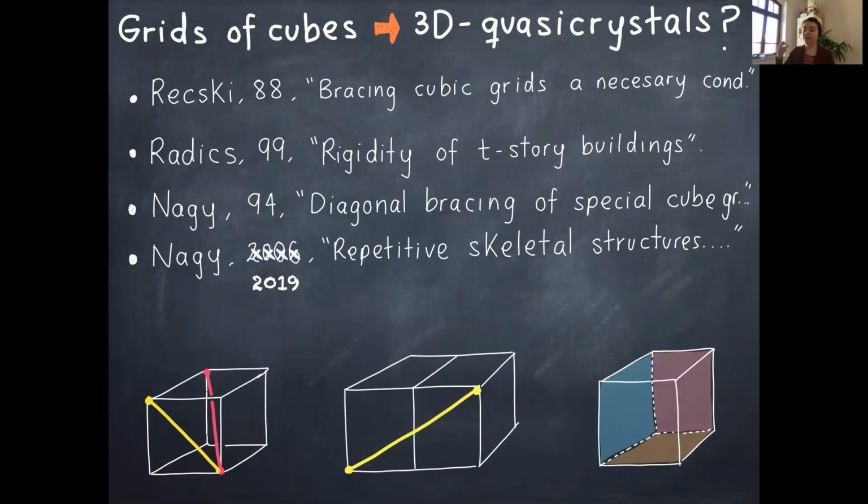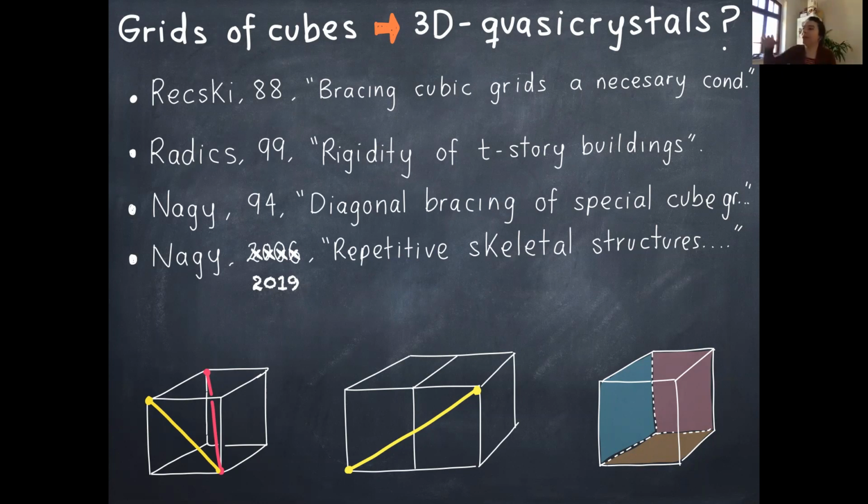In many of these papers, the results are concerned with how you brace a grid-like framework with diagonals, like the one you see on the left. So you take a face of the grid and you put a diagonal on that. Or you take two opposite vertices of the cube and you put a diagonal on that. Or some of these papers consider putting a diagonal across several squares.